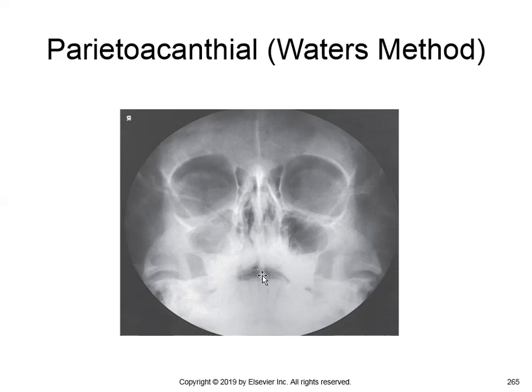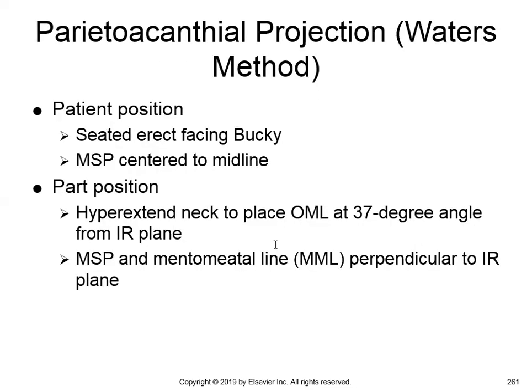And if you place the chin up against the image receptor with the orbitomeatal line at a 37-degree angulation, and then have the patient open their mouth, that's going to further hyperextend the neck, and they're going to be at a greater angulation than 37 degrees. So what you want to do is have the patient open their mouth, and then move them into the image receptor, maintaining that 37-degree angulation between the OML and the image receptor.